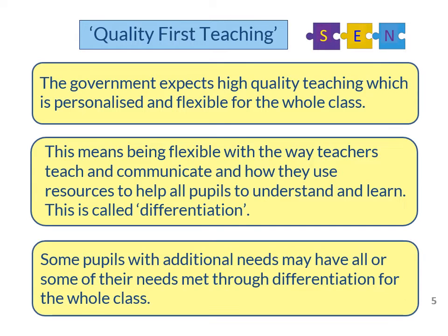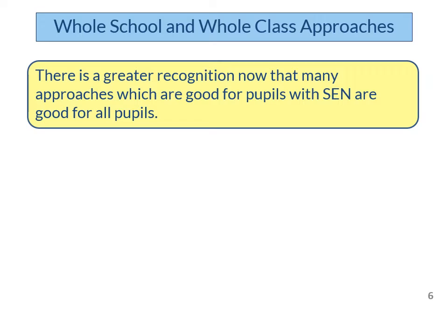And some pupils with additional needs may have all or some of their needs met through this differentiation for the whole class. There is a much greater recognition now that many approaches which are good for pupils with SEN are good for all pupils. So there's more emphasis on establishing inclusive learning environments where SEN support is an essential part of whole school practice rather than an add-on.